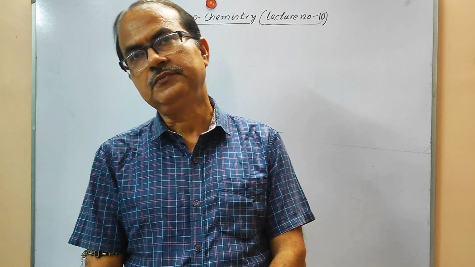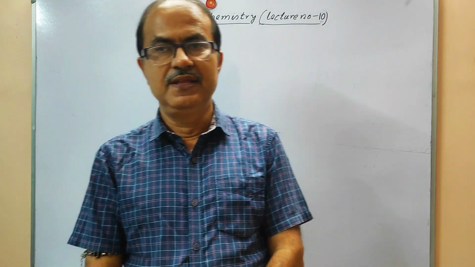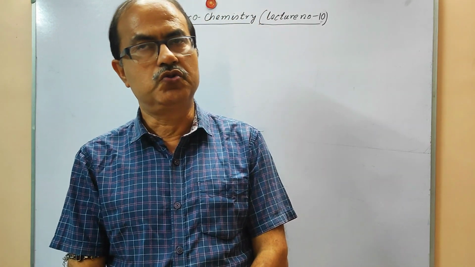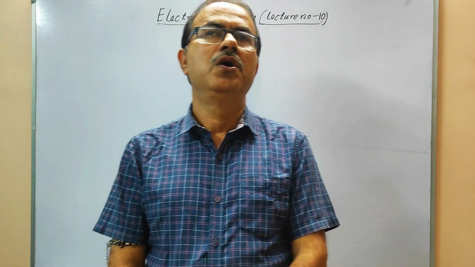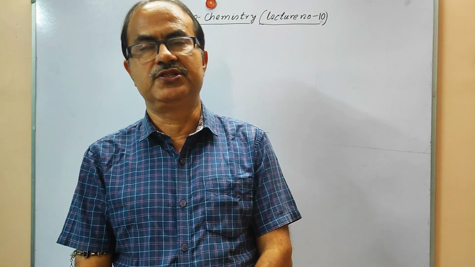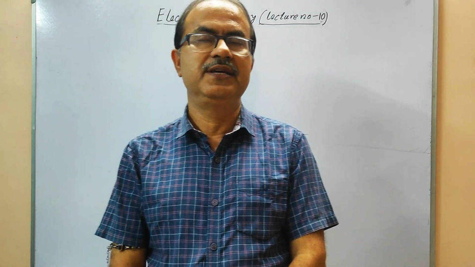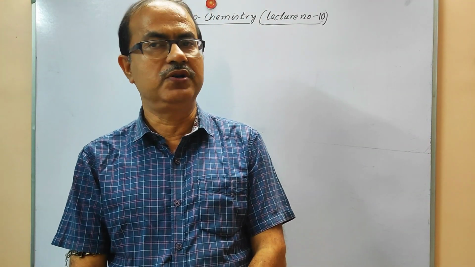In the third lecture we discussed the electrochemical series, which I would say is the backbone of electrochemistry, and how with the help of the electrochemical series we can construct any type of galvanic cell which helps in the transformation of chemical energy into electrical energy.